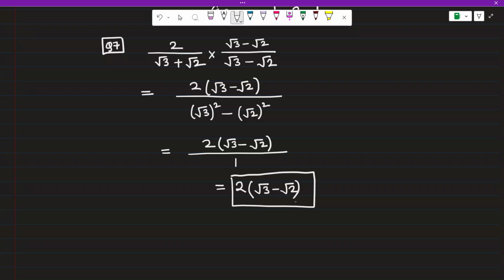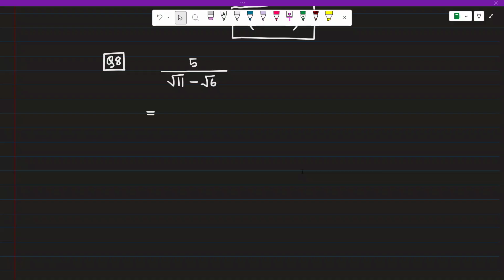That's our final answer. To solve this, we multiply the numerator and denominator by the conjugate of root 11 minus root 6, which is root 11 plus root 6 over root 11 plus root 6.